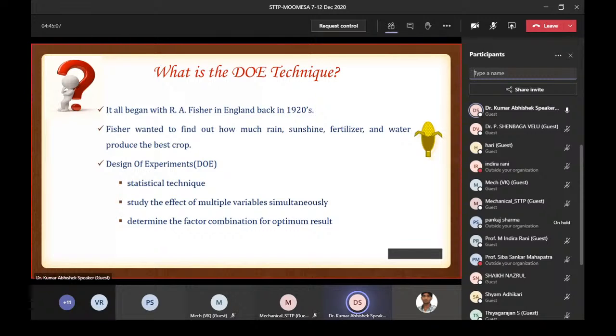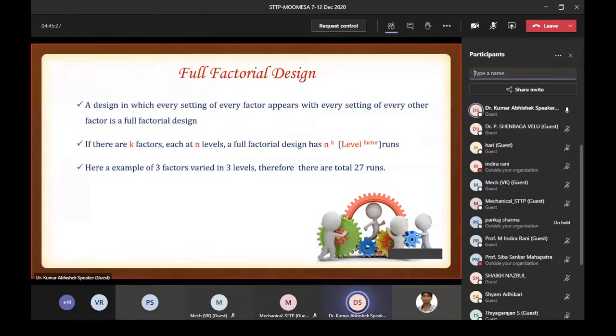For that, first we studied the design of experiment using the full factorial approach, but here we will study the Taguchi approach. So as we discussed in the last lecture, 2 to the power k full factorial design.